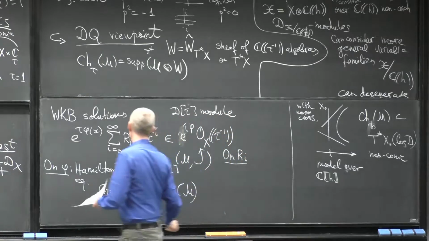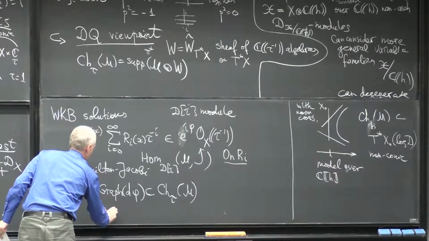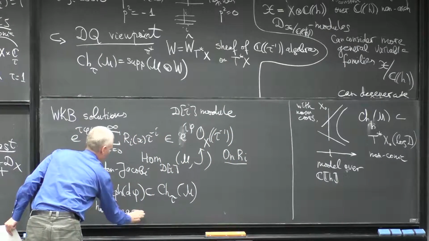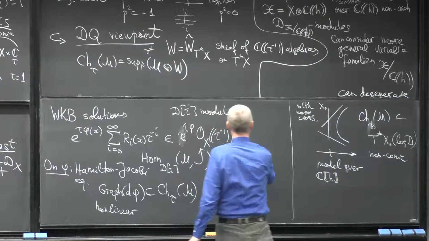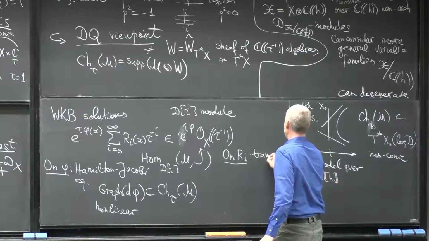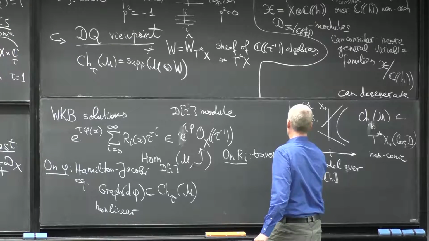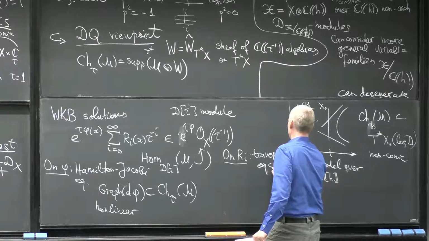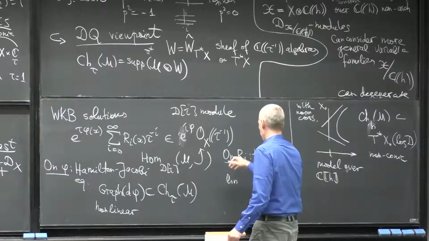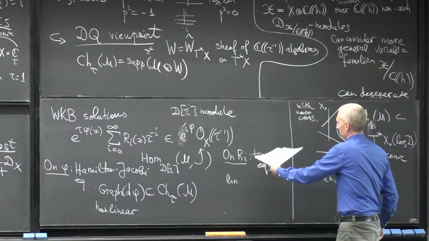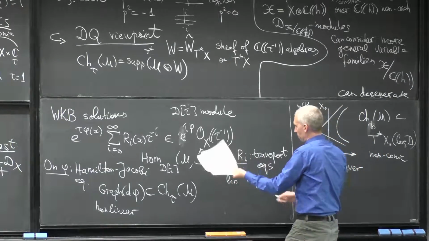So this equation is nonlinear. On r_i would be so-called transport equations, which are linear and recursive. So each one has on the right-hand side the result of the previous one.